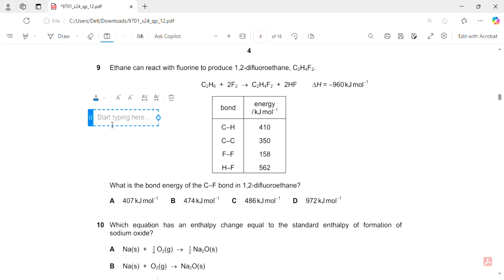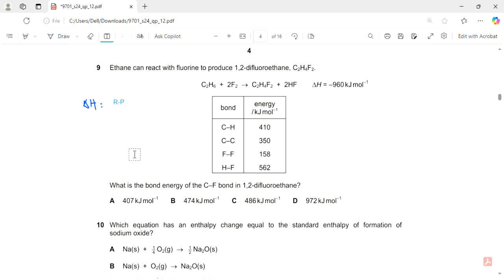So we all know that delta H is equal to reactants minus products.